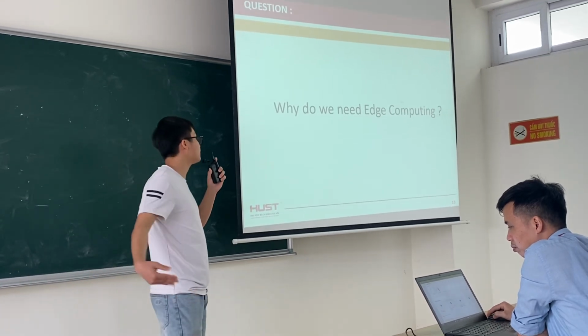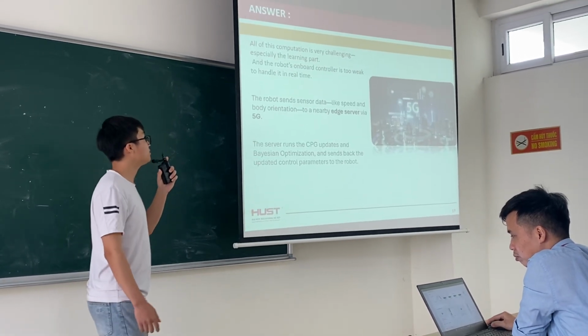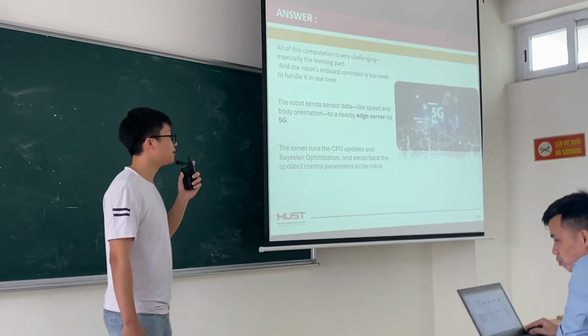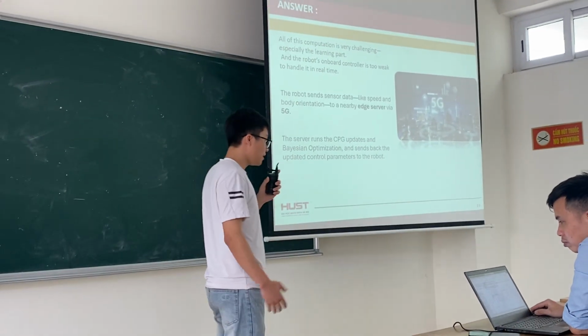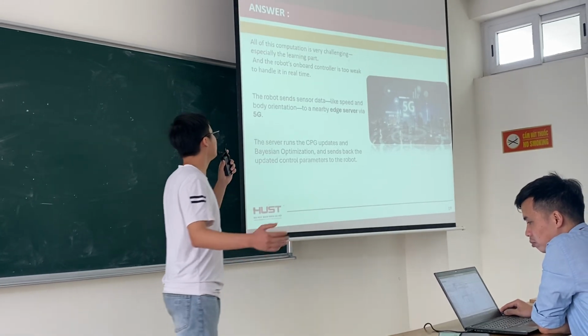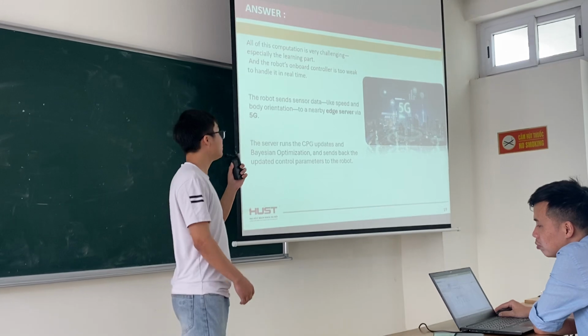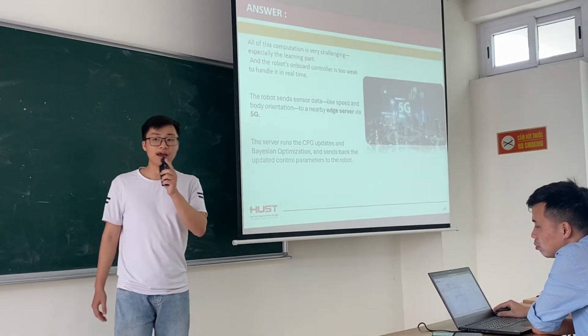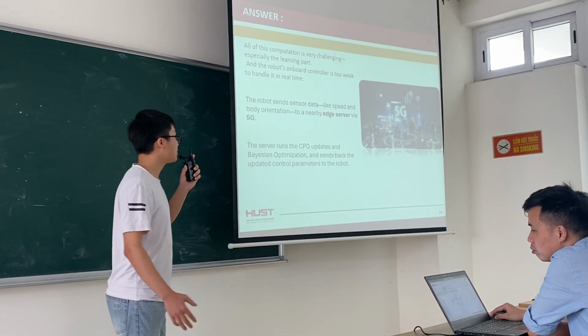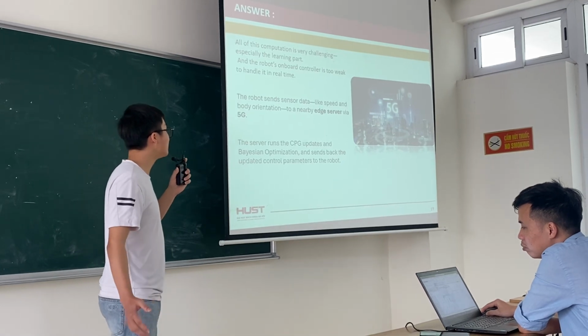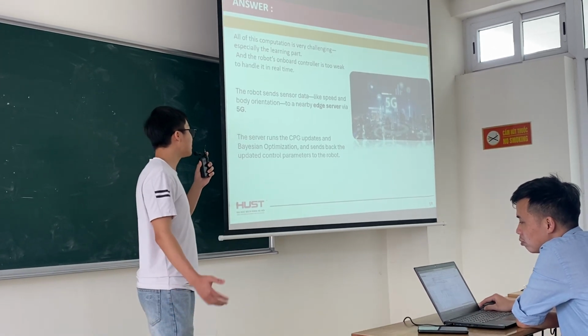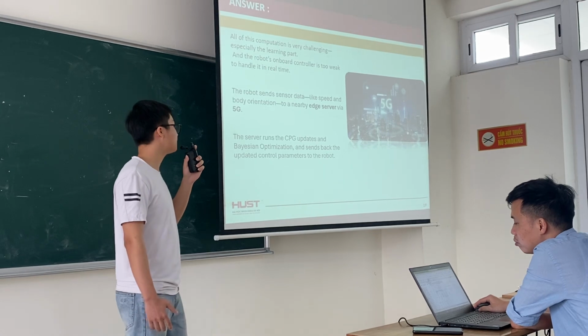So now, why do we need to use edge computing? As you know, the computation is very challenging, especially the learning part. It is so heavy, and the robot's onboard controller is too weak to handle it in real time. So they use edge computing. The robot sends sensor data like speed and body orientation to a nearby edge server via 5G.